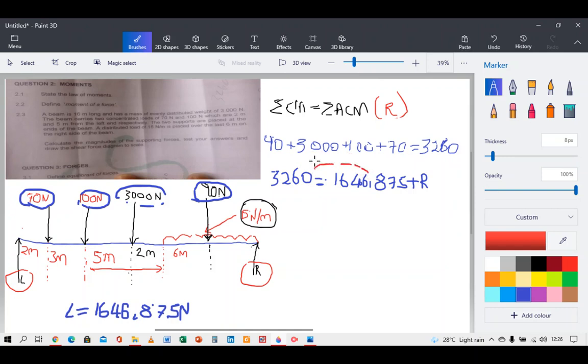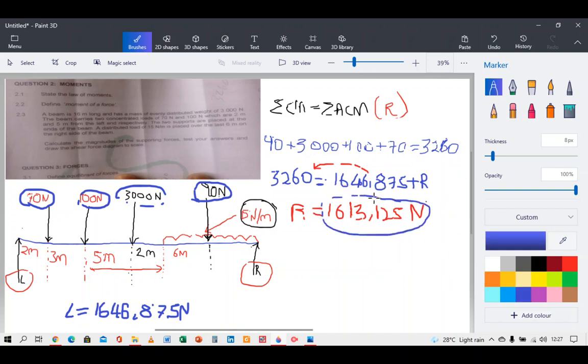So you take this one to the other side, so it becomes this one minus this one. Therefore R equals to, when you punch on a calculator, you get 1,613.125 Newton.